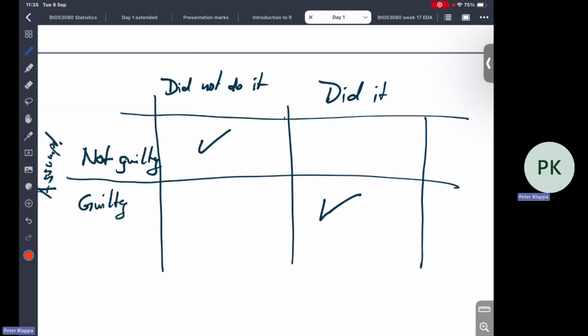If we say she did not do it, but we convict her, it's the wrong decision. It's an error.